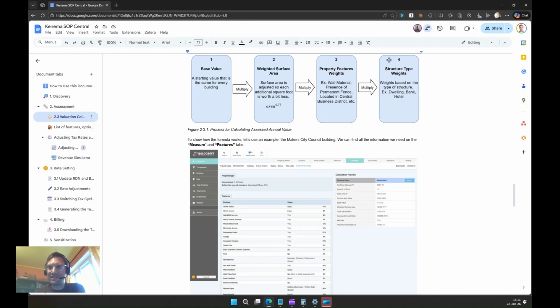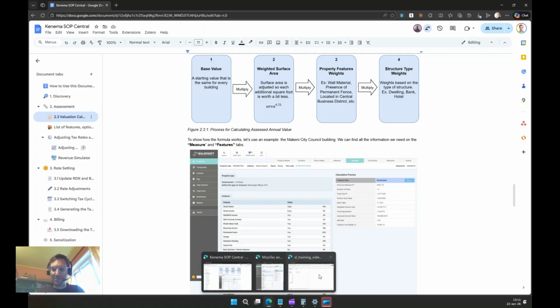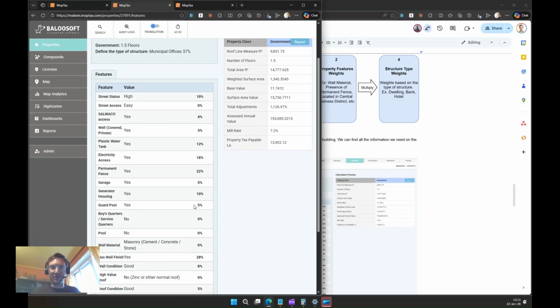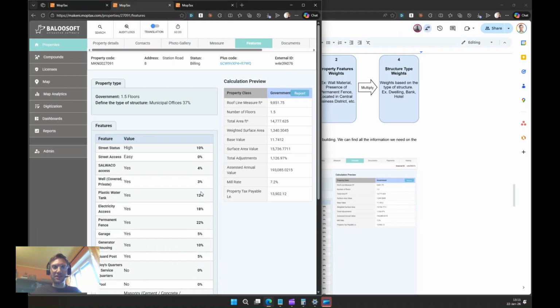So it's combining these together and telling you how much the different property feature weights and structure type weights affect the property value. In the case of McKinney City Council, it increases the value by 1,000% because there are a lot of things that are increasing the value of the property, right?